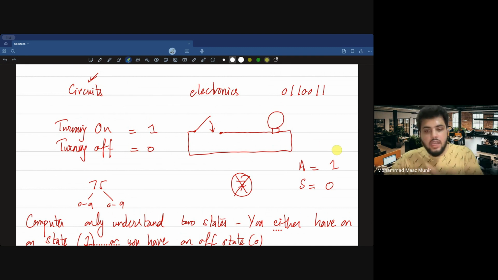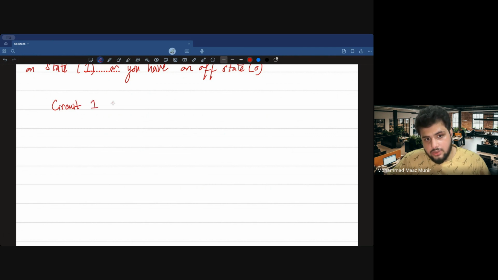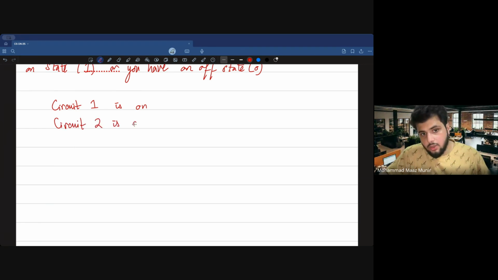So a computer can only understand ones and zeros. But a computer operates at a very large scale, so you have millions of such circuits in your computer. Let's make one up here: if circuit number one is on and circuit number two is off, then you need to print 3 onto the screen.